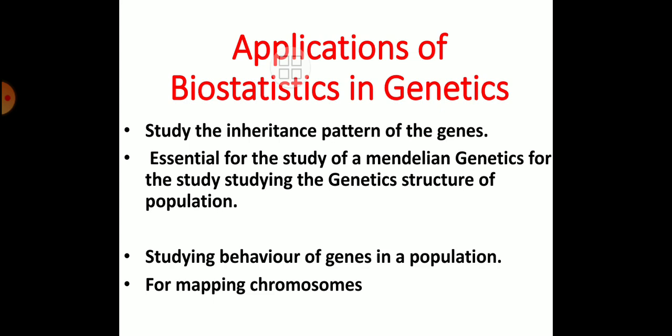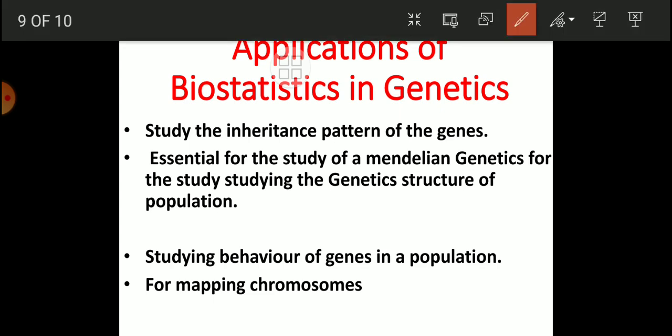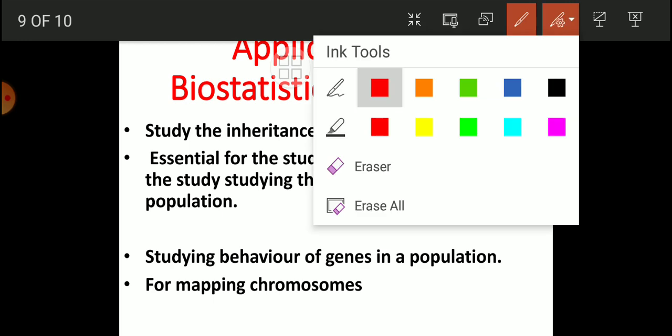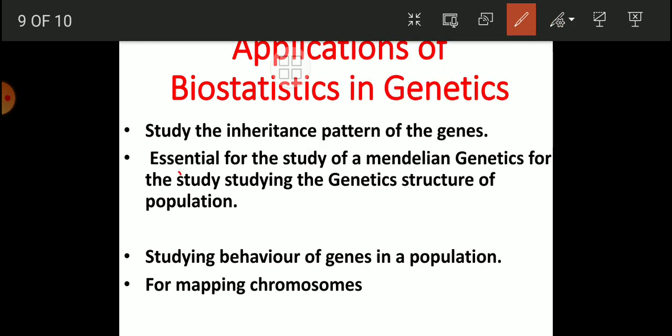It is essential for the study of Mendelian genetics and for studying the genetic structure of the population. So that is most important. We know that Mendel gave us three laws, and those laws depend upon statistical analysis.